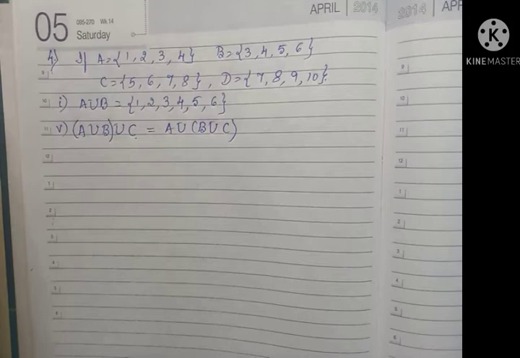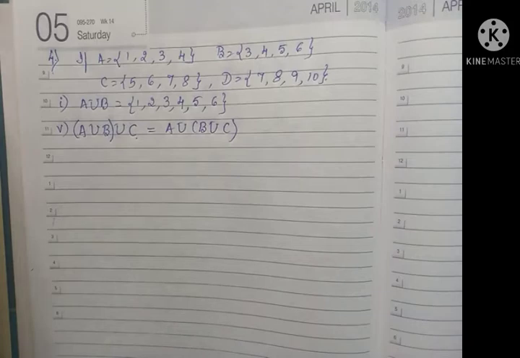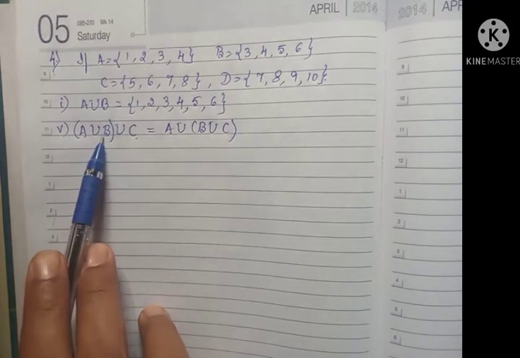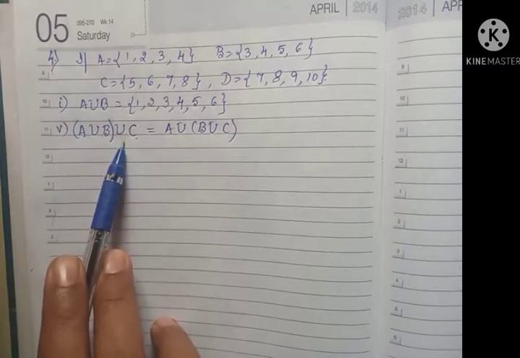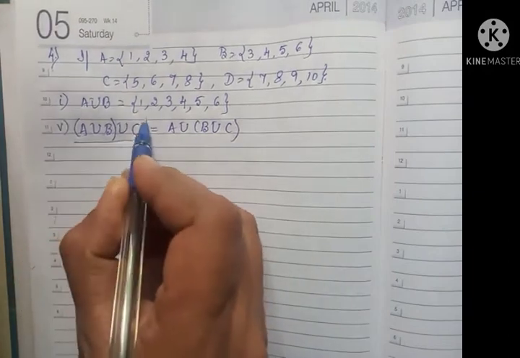Similarly, intersection. So there are three. If there are three numbers and you want to add them, first we add the first two numbers. After that, we add the third number to the resultant, isn't it? So similarly, here first find out the union of these two. Then take the union with the next set. So I'll take the left side here.